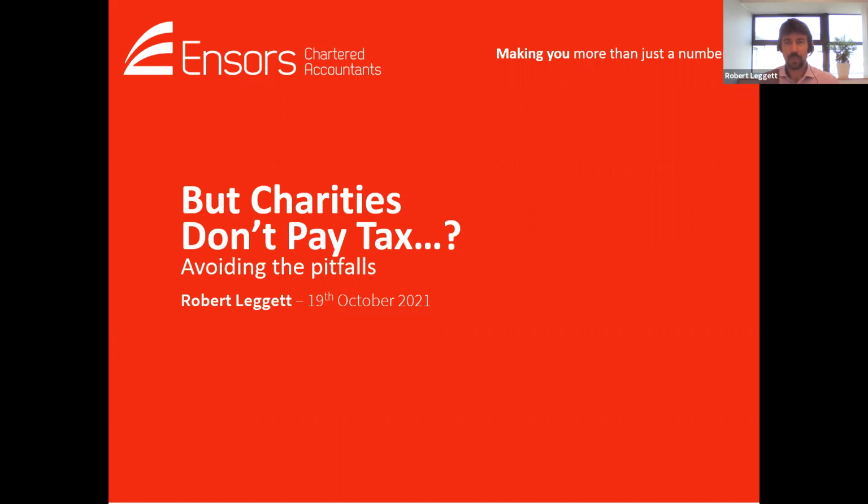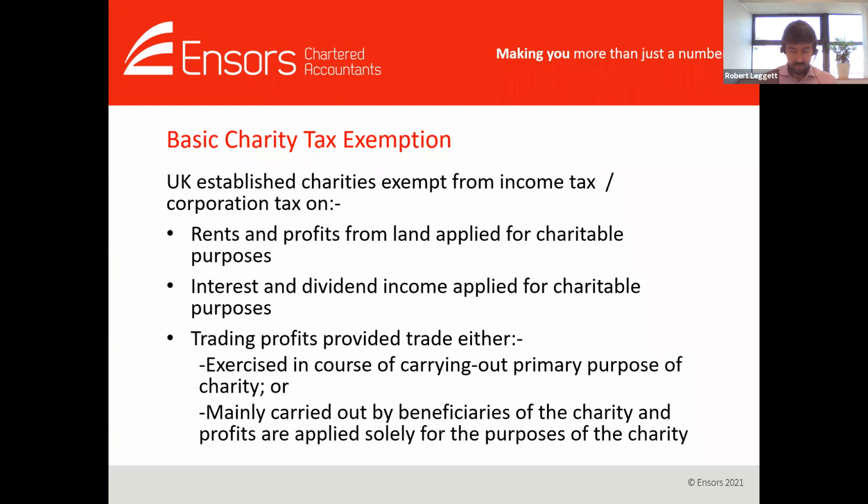So we need to think about the position with charities and basically how charities work for direct tax purposes. And the basic position is that UK established charities are exempt from an income point of view on either income tax or corporation tax, depending on their structure, on a number of items.